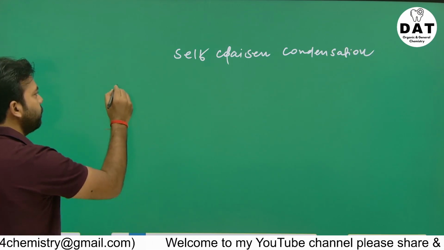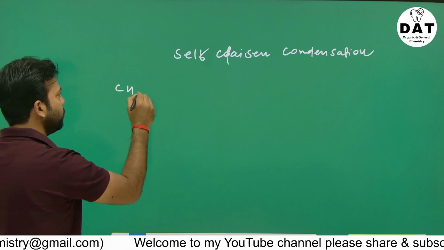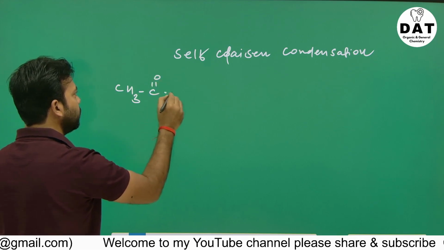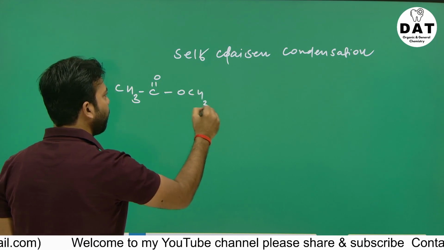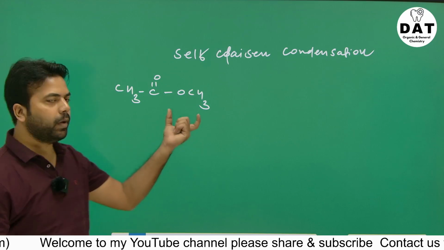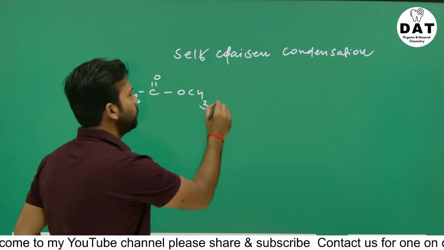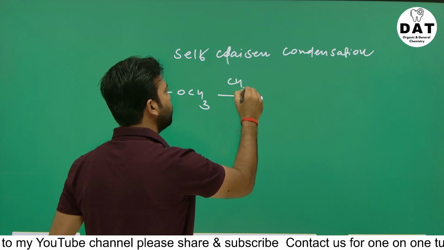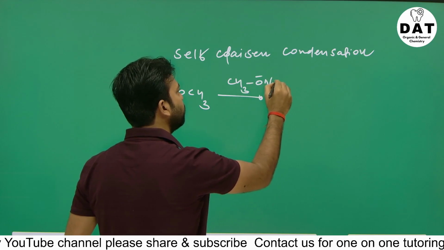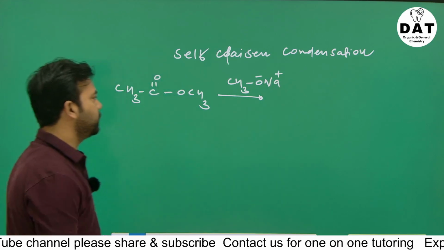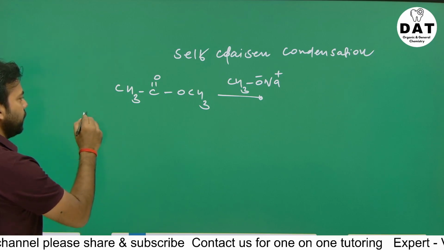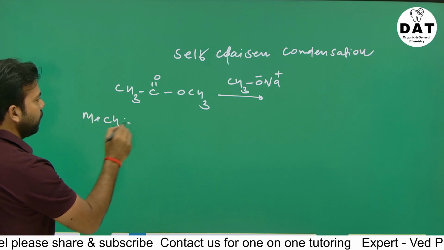So if we are going to discuss the mechanism of self-Claisen, we have this ester, suppose CH3 C double bond O OCH3. So here the base will be OR, the oxygen containing carbon will be the base. So we can say CH3O minus Na plus is used as a base. So what is the mechanism? And 2 moles.